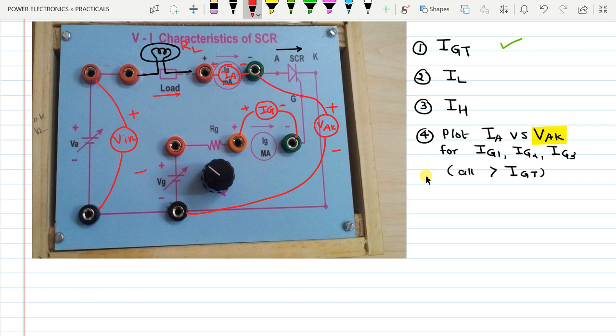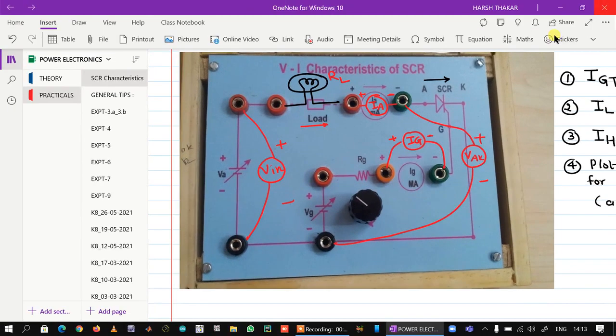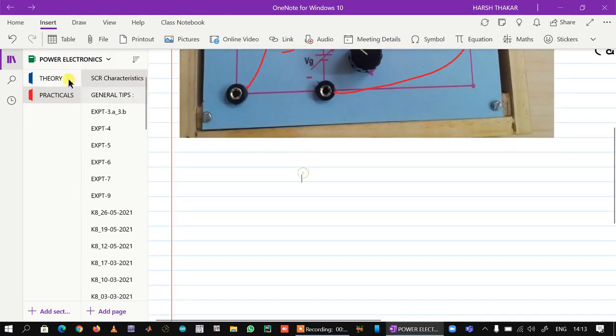So we have two voltmeters measuring Vin and VAK respectively, and we have two ammeters measuring the device current IA and the gate current IG. So now what are the steps for measuring IGT, IL and IH? It's very simple. We can insert one more figure here.